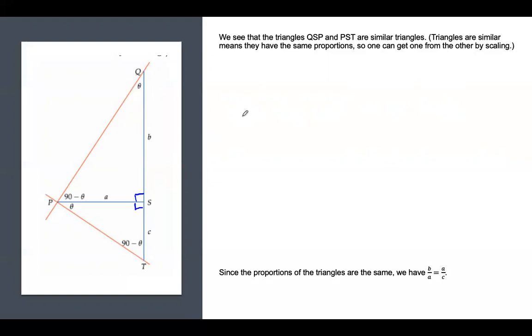Okay, so we're going to use like this argument of similar triangles. So essentially, if we remember what similar triangles means, so two triangles are similar.